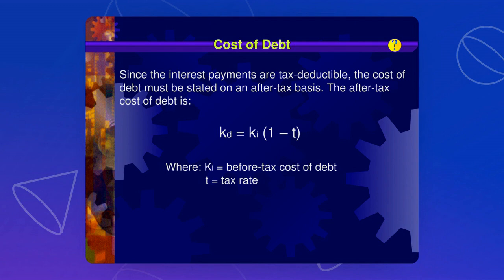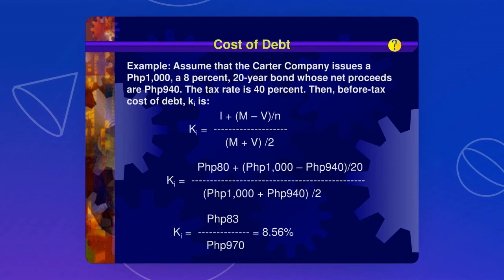Alright, class, let's have an example. Assume that the Carter Company issues a 1,000, 8%, 20-year bond whose net proceeds are 940. The tax rate is 40%.